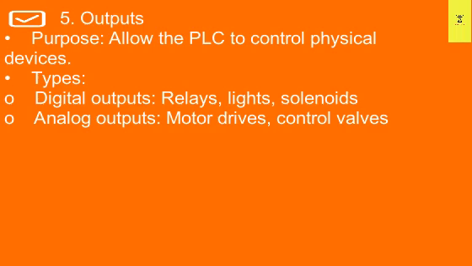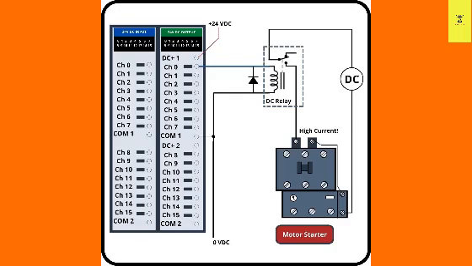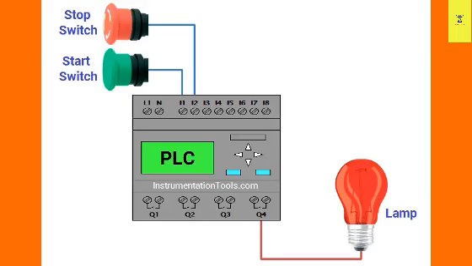Element 5, outputs. Outputs allow the PLC to control physical devices. The types of outputs, for example, digital outputs: relays, lights, and solenoids.